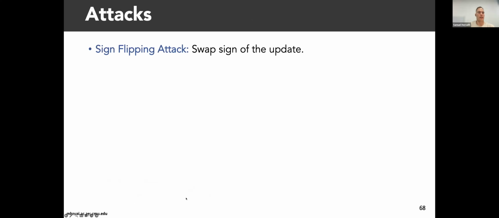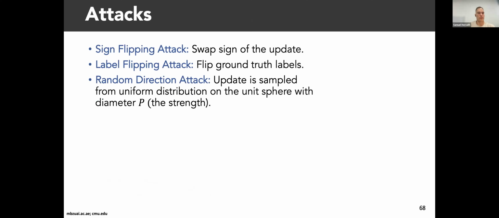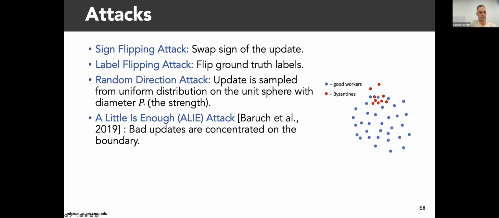Then popular attacks that people usually test against are the sign flipping attack, the label flipping attack, where we flip ground truth labels, and also random direction, where you sample from a unit sphere with diameter p, where p controls the strength of the attack.